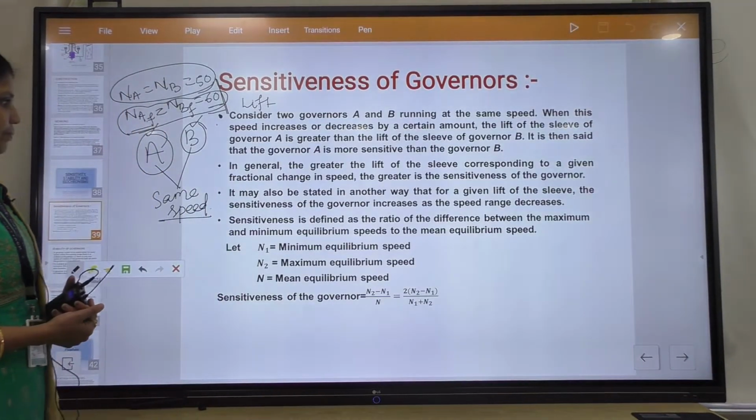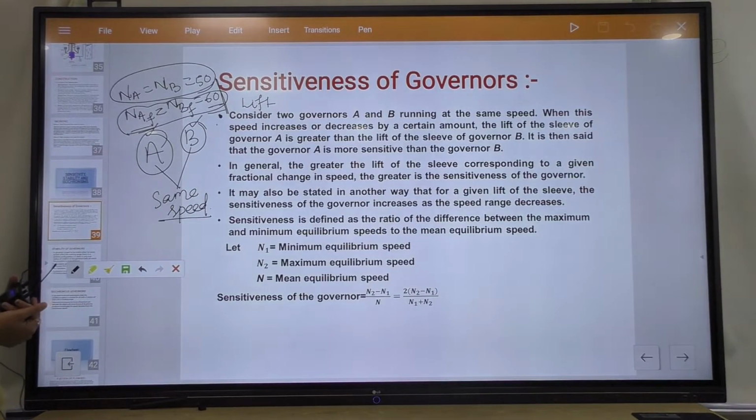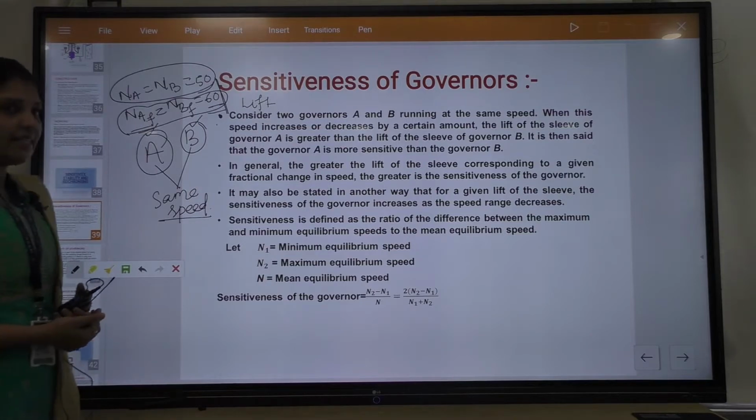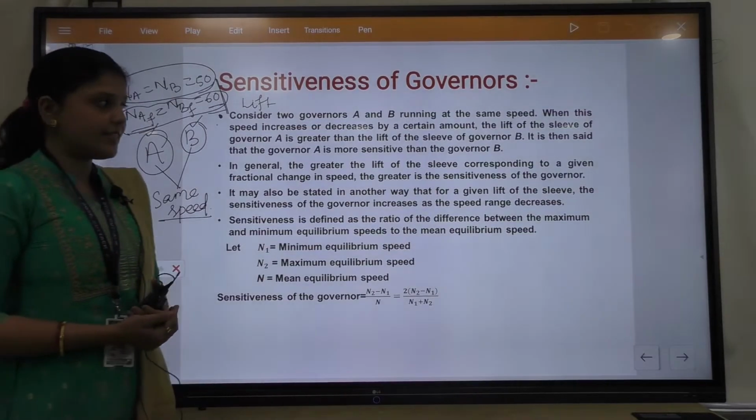Okay? That means greater the lift of sleeve corresponding to a given fractional change in speed, greater is the sensitiveness of the governor.